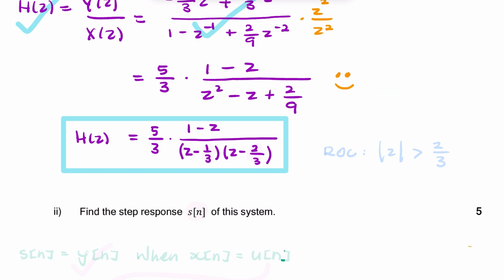Now, whenever you provide a transfer function, you need to provide a region of convergence.